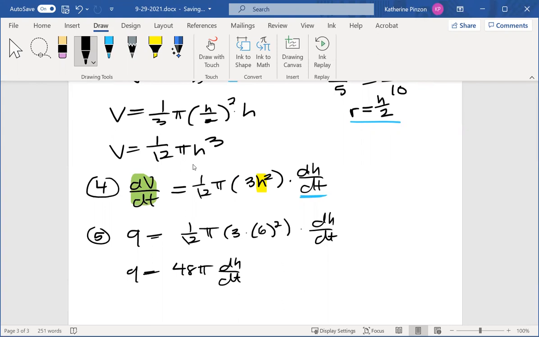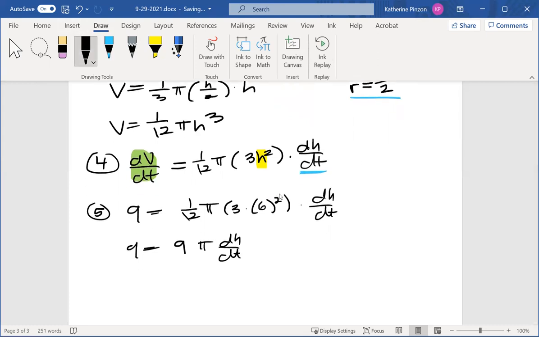Is that wrong? That's wrong. 12 pi? 3 times 6 squared divided by 12. What do you get when you do 3 times 6 squared divided by 12? 9. Yeah.